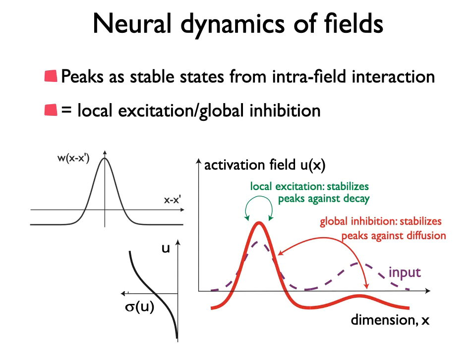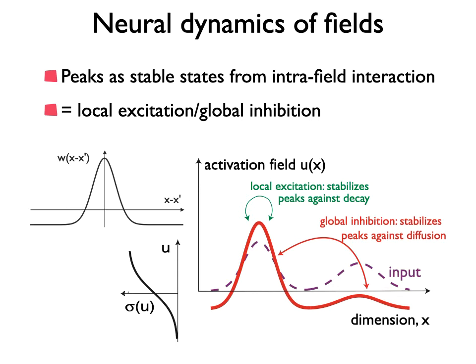So what we'll be postulating is that peaks are stable states, attractor states, and that it's intrafield interactions that make them stable states. Intuitively, if you have a peak of activation, you can make it a stable state by preventing its decay, and we'll prevent it by local excitatory interaction, just like in this neurophysiological evidence we had from visual cortex.